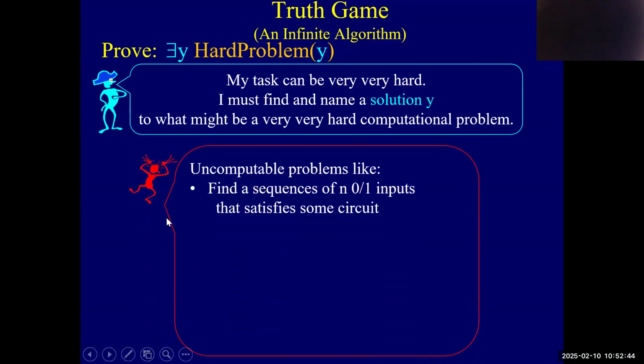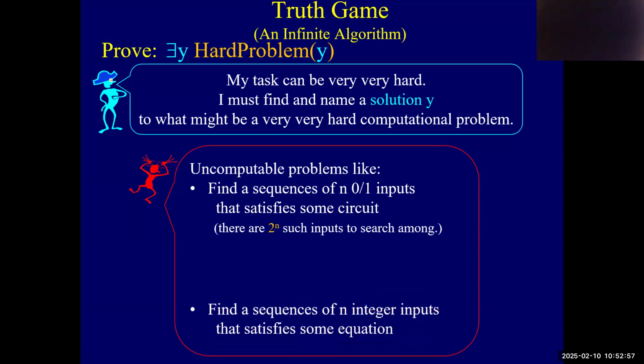So if I want to find a sequence of zeros and ones that satisfies a circuit, there are 2 to the n of them, and I have to search all of them. So it takes me exponential time.